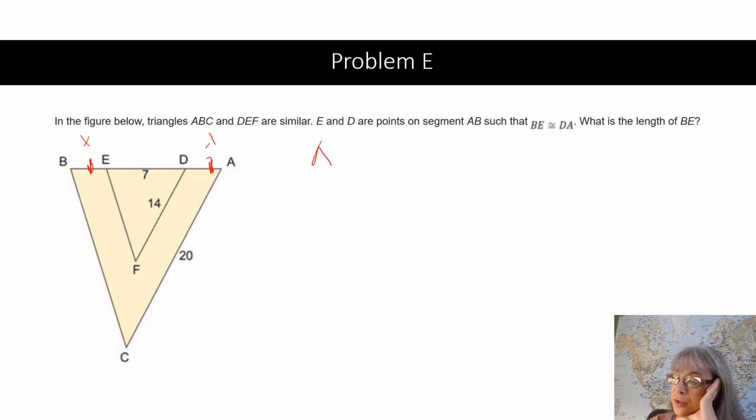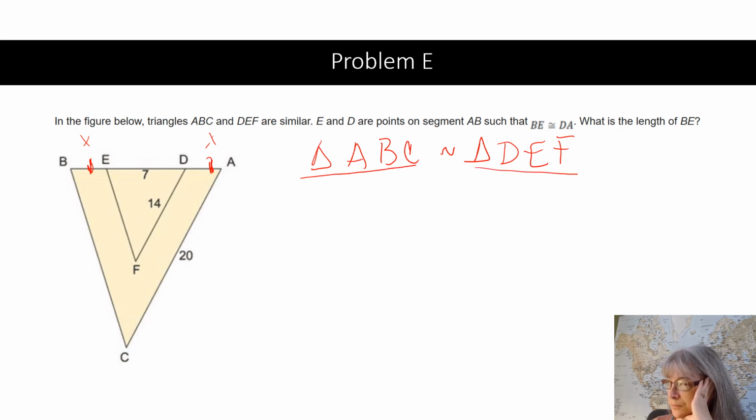I have triangle ABC is similar to triangle DEF. It's important the way that they named it.